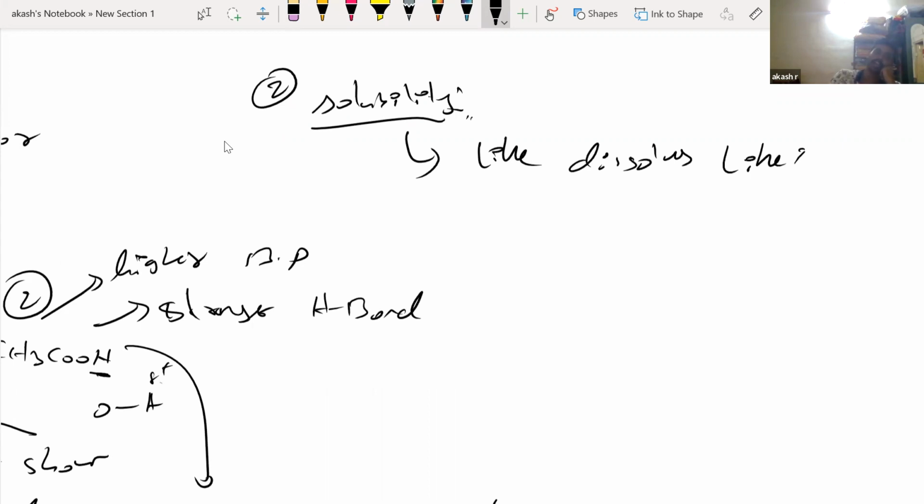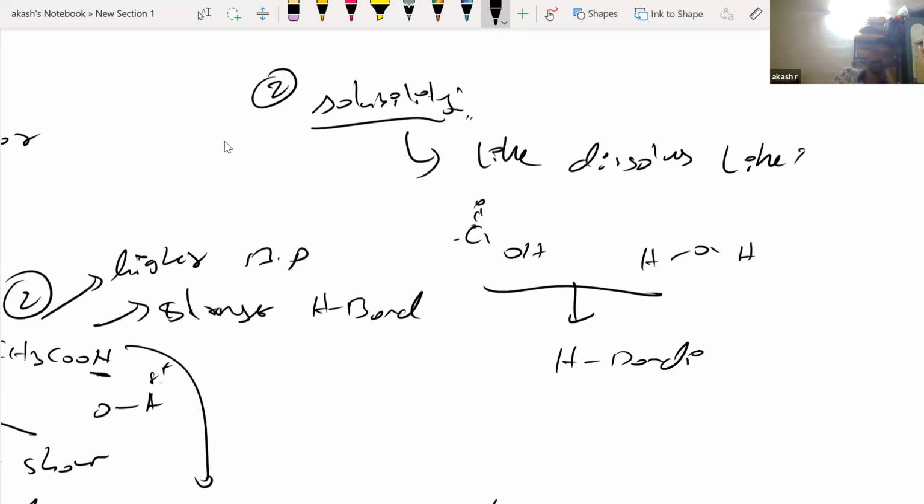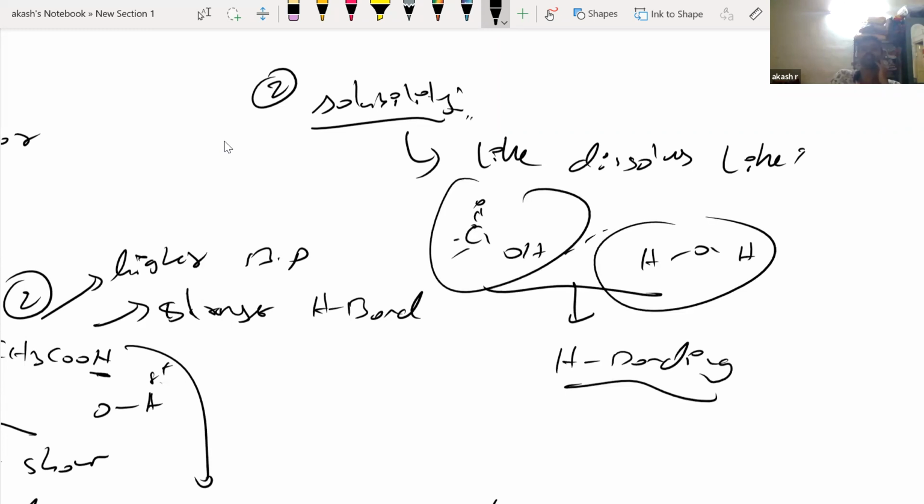Say, for example, acid as well as water: both of them can show hydrogen bonding. So I can have hydrogen bonding between these two also. Because of that, the COOH acids are very highly soluble in water.